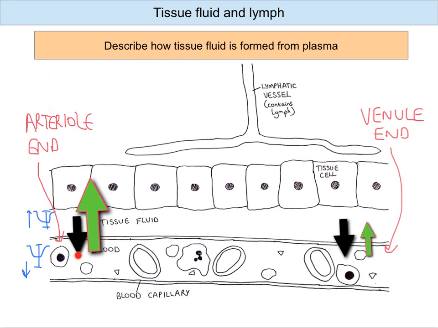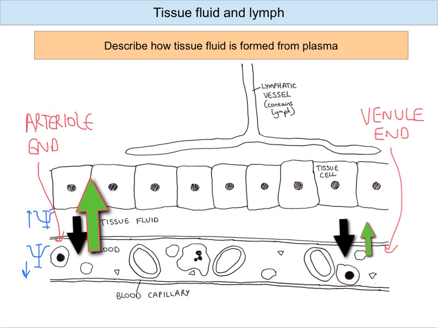So at the arteriole end, the huge hydrostatic pressure is much larger than the effective water potential, so overall fluid is pushed out of the capillary and into the space between the capillary and the tissue, which is called tissue fluid, and it carries with it dissolved substances such as amino acids and glucose to be absorbed by the tissues.